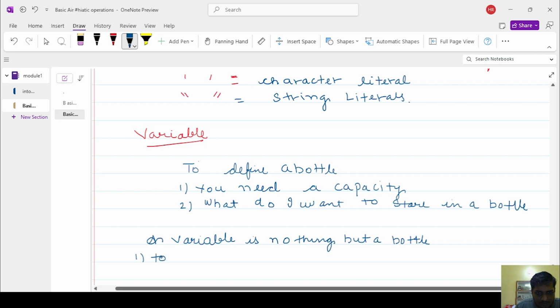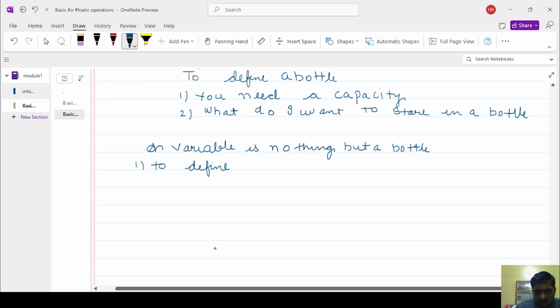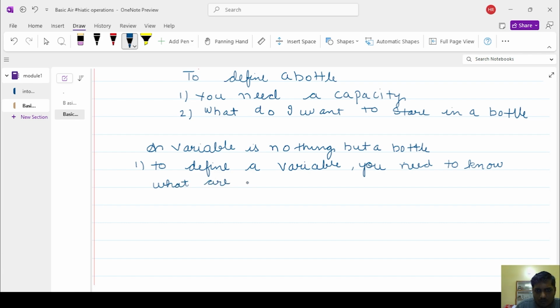To define a variable, you need to know what you are storing in it.